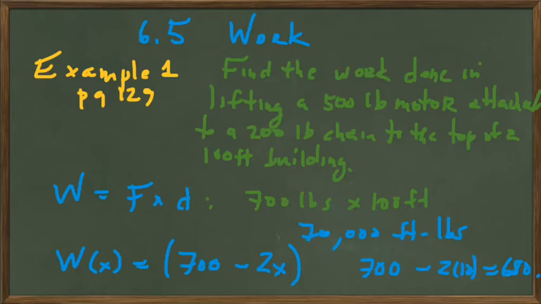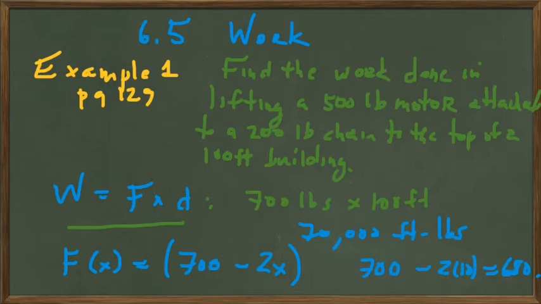So we have to have this variable formula for force. Excuse me, this isn't work right here, this is the force, which is the same as the weight. And the formula that we have here only works when we have a constant force, which we do not have. And so what we have to do is use calculus methods.